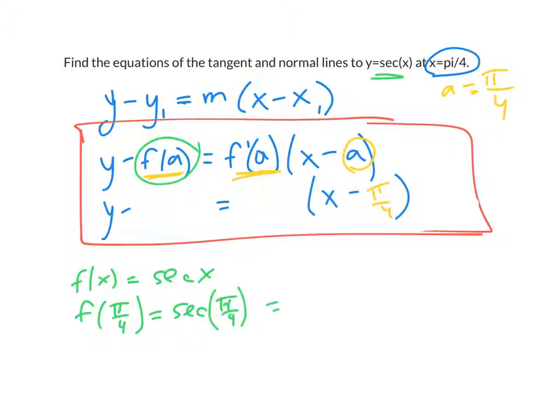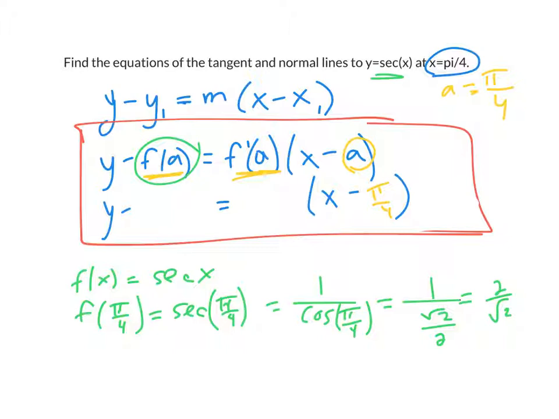I think of secant as 1 over cosine, and cosine of pi over 4 is radical 2 over 2. So I've got 1 over radical 2 over 2. That is a potential answer, but we can make it better. If I multiply by the reciprocal, I get 2 over radical 2.